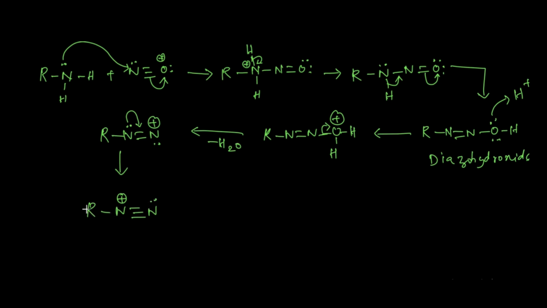Now we have reached the final stage, and this is a very important place. Please listen carefully. When the R group is an aliphatic group or alkyl group, at this stage this is actually an aliphatic diazonium salt.